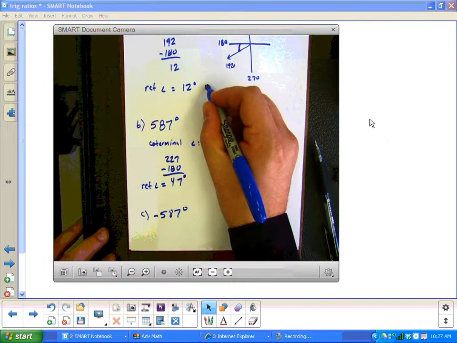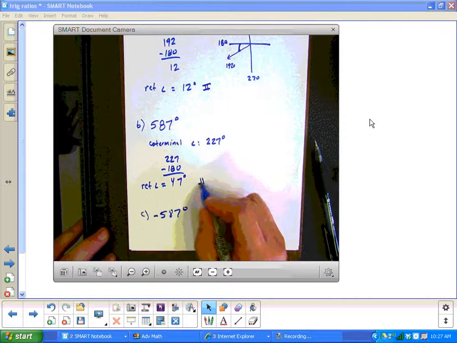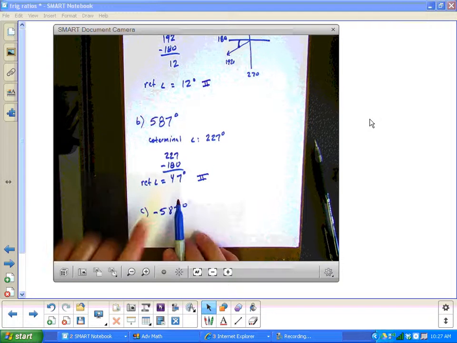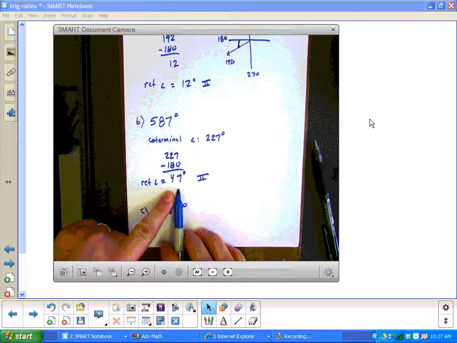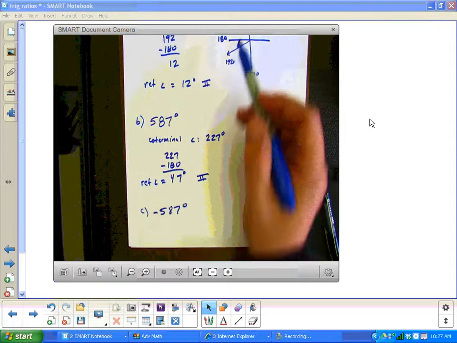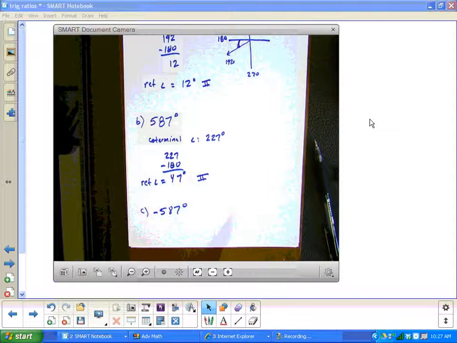Okay. If they did ask you for the quadrant, you could write it down. The reference angle is in the second quadrant. See, a reference angle is always going to be less than 90, but it's the acute angle formed with the x-axis. If your directions say it, do it.